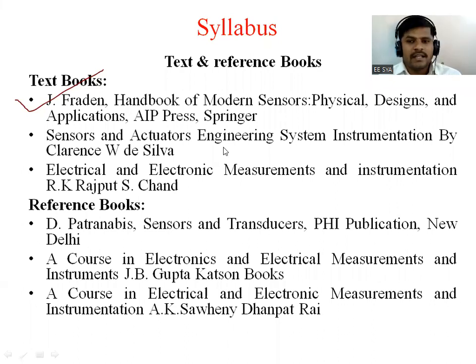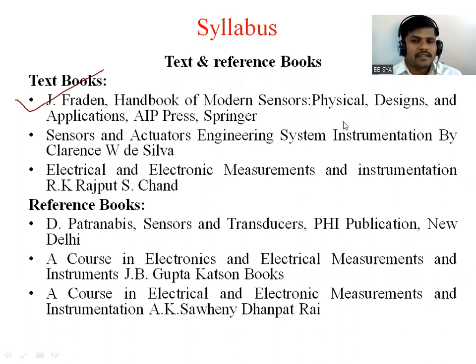In that unit we will give a detailed discussion regarding sensors. There are different types of sensor, and which types of signal can be converted into which types of signal, then measurement of that, that means units of measurement and characteristics.